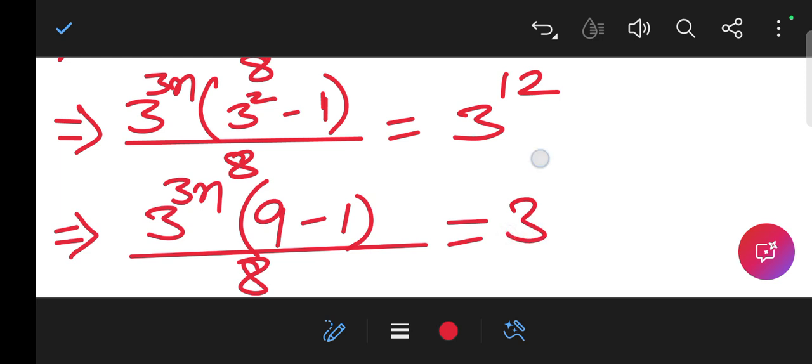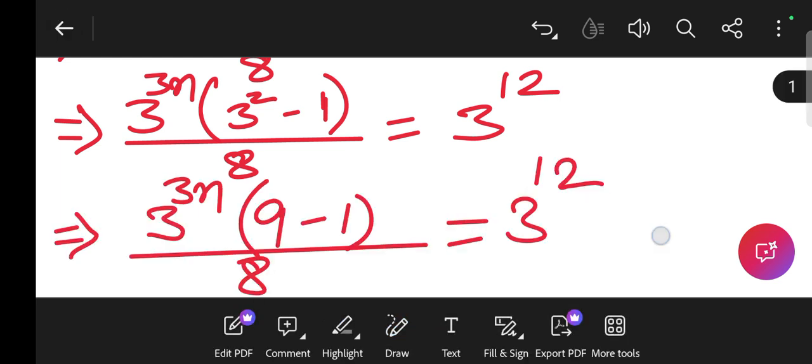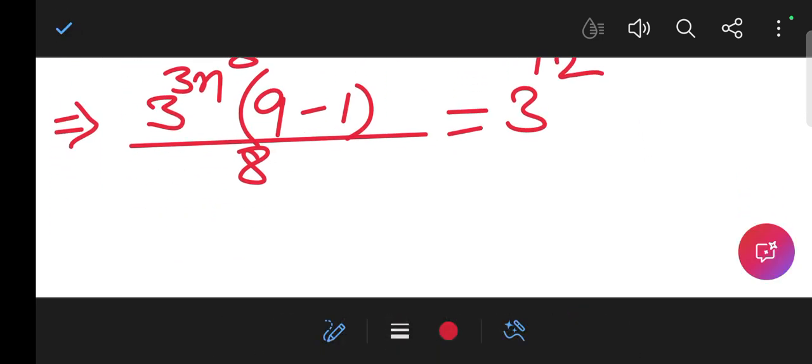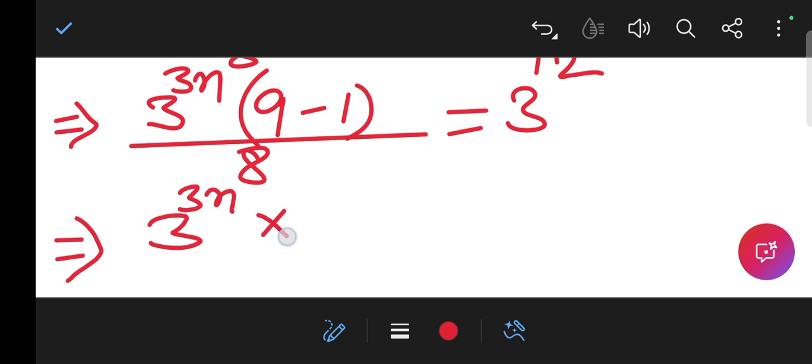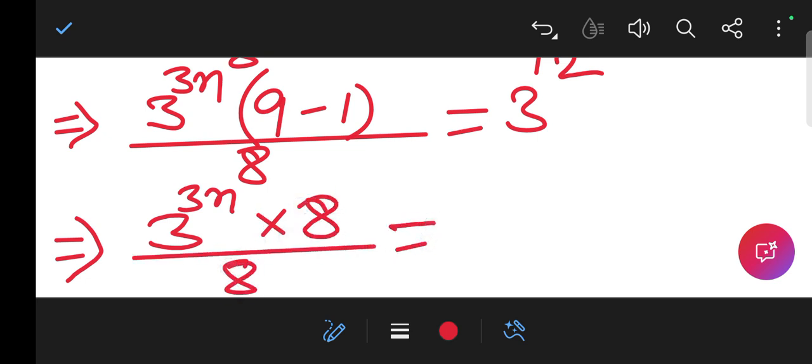Then 9 minus 1 will become 8, and this 8 is written in the same way, and again 3 raised to the power 12.